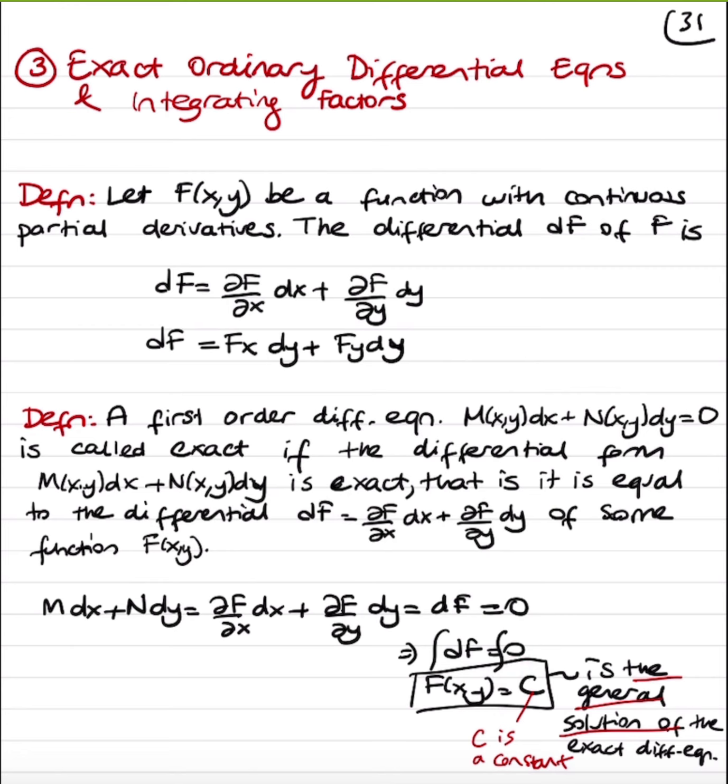The integral of df is f of x, y and the integral of 0 is just a constant c. Then this differential equation M dx plus N dy equal to 0 will have the general solution f of x, y equal to c. So just finding f will be enough in our case.